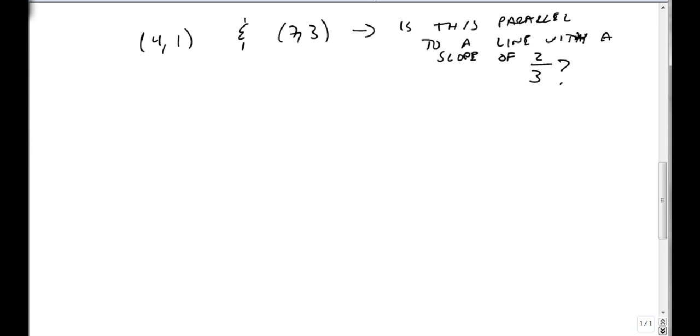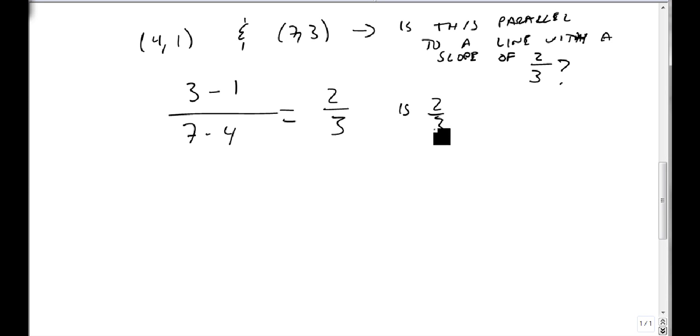So how do I find out? I first calculate my slope. Rise over run: 3 minus 1 over 7 minus 4 becomes 2 over 3. Is 2 over 3 equal to 2 over 3? Yes. So this line is parallel to a line with a slope of 2/3. Is parallel.